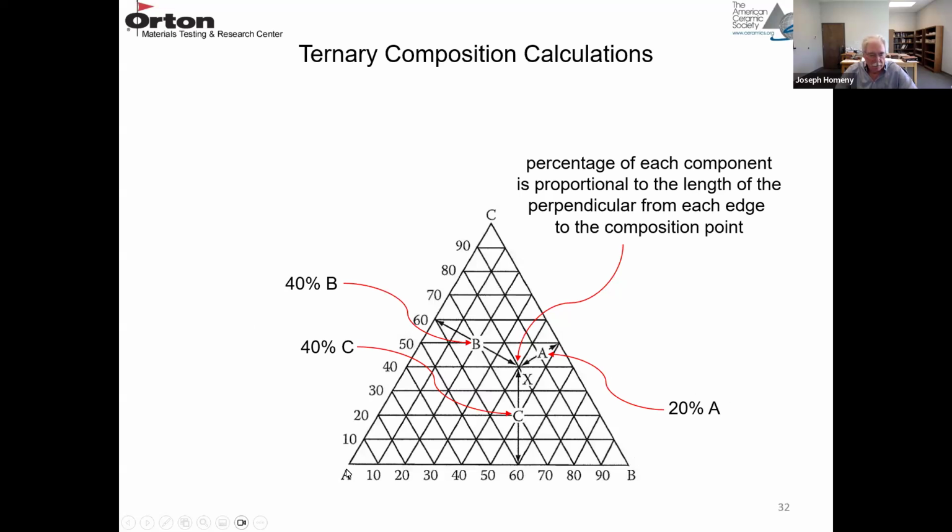So this is A, B, and C, and on the axes now are the percents.